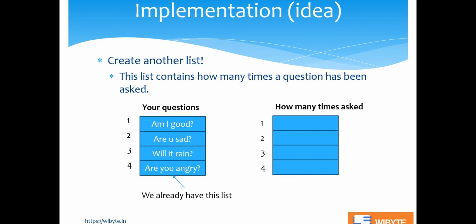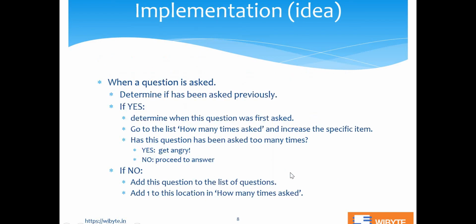So for instance, my questions are here. I'm going to maintain a list, says how many times asked, and for every question, I'll keep a corresponding number which tells me how many times this question has been asked. So for instance, it's possible that am I good has been asked once, are you sad has been asked once, will it rain has been asked twice, and are you angry has been asked once, and so on, right?